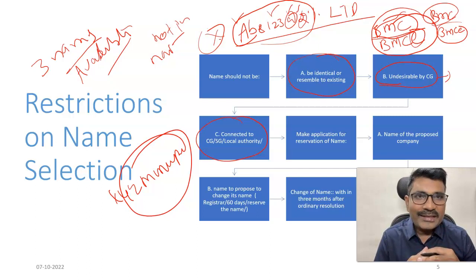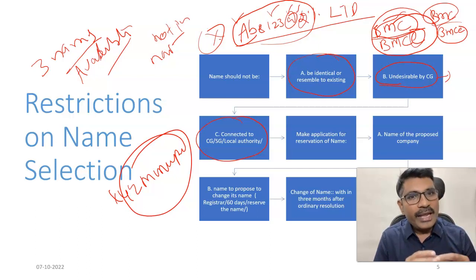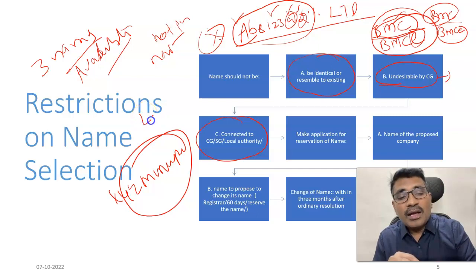Then after that they can decide, okay, this company name is available, therefore we can go for the selection of the name. And therefore the law says that names which are identical, names which are undesirable, and names which are connected to a local authority come under the prohibitions.